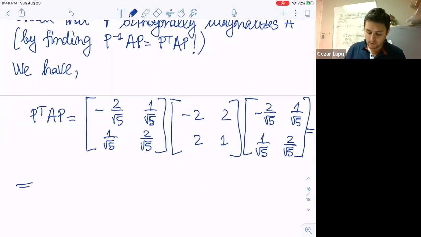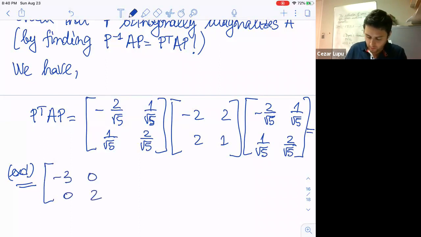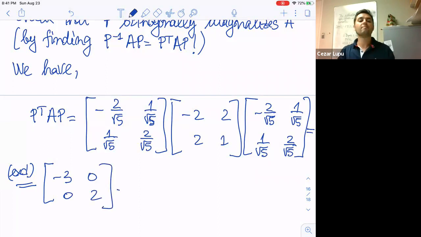If you do all these computations, and I'll leave it to you as an exercise because I don't want to spend too much time on multiplying matrices, but according to my computations, this would be negative 3, 0, 0, 2. I hope I'm not mistaken. And voila, that's it.